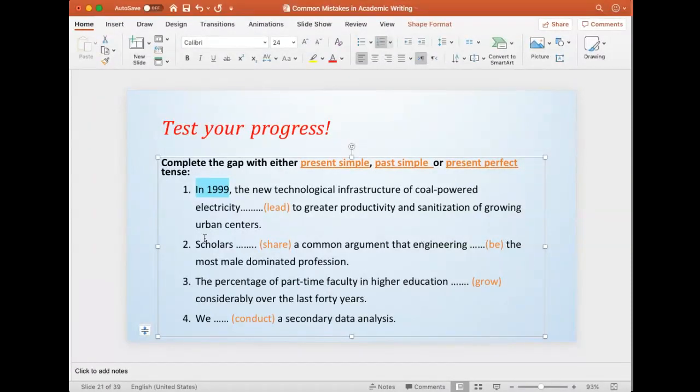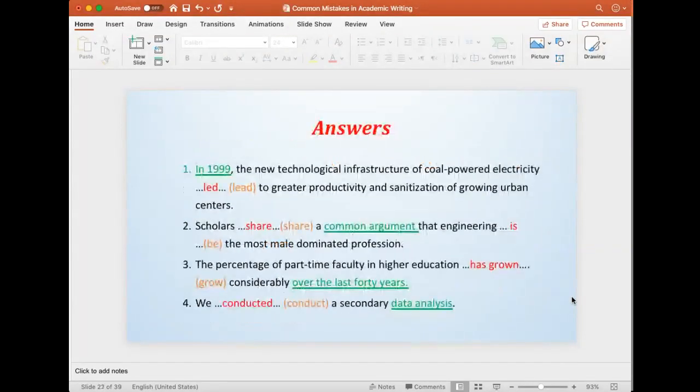I would say share. Scholars share a common argument that engineering is the most male-dominated profession. So this is a fact. I'm sharing a fact here. Let's look at the answers together. Okay. So led, share, is, okay.